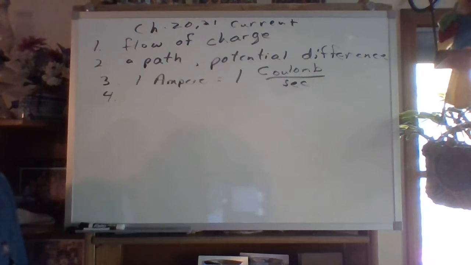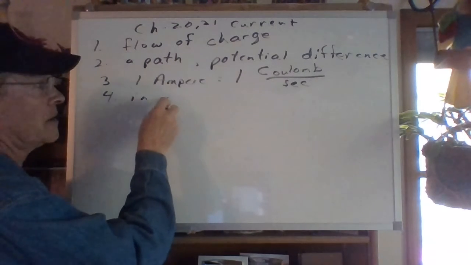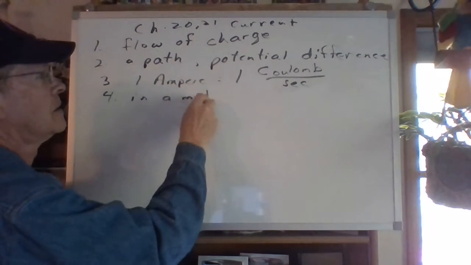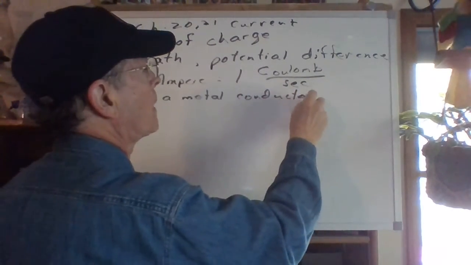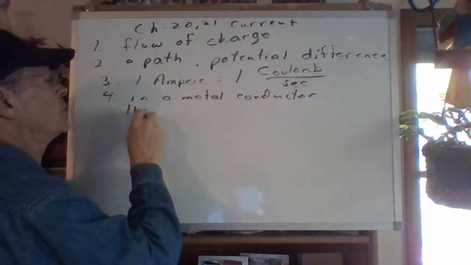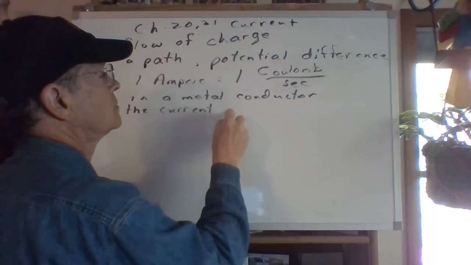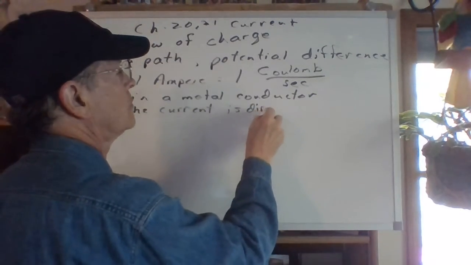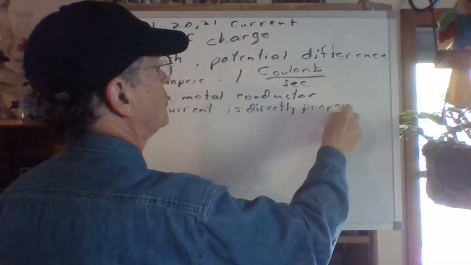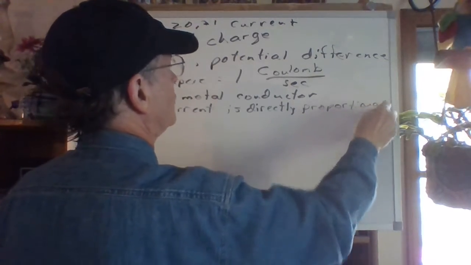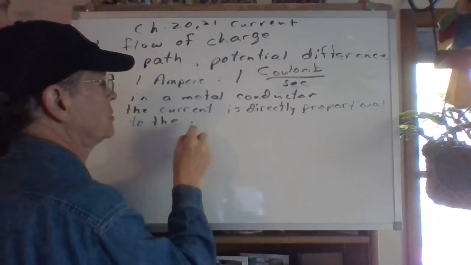Give Ohm's law. Ohm's law: in a metal conductor, the current that flows is directly proportional to the potential difference, or the voltage.